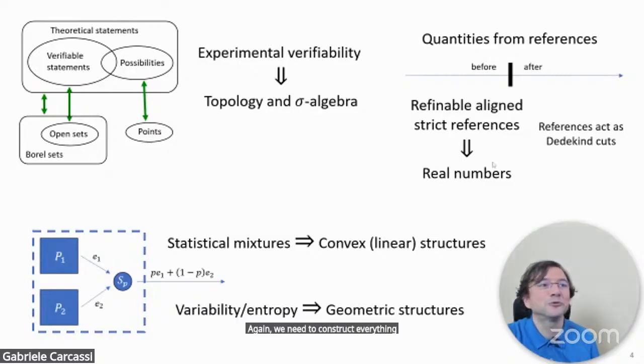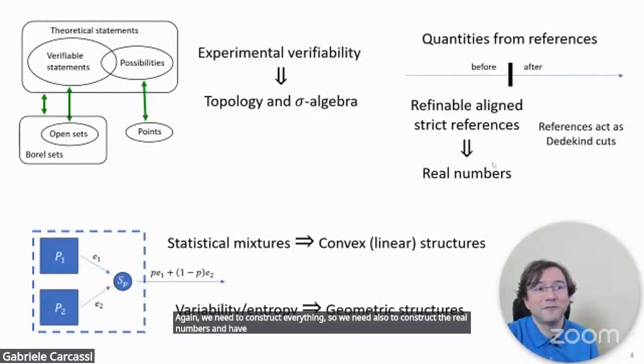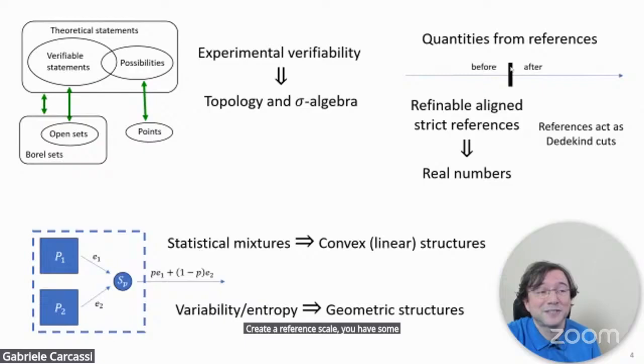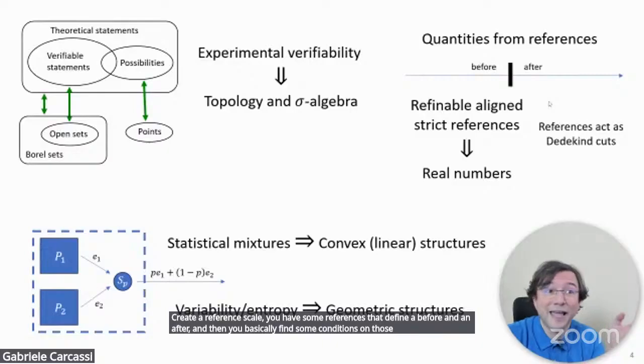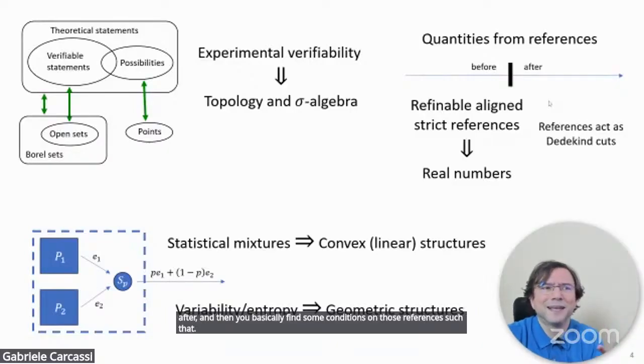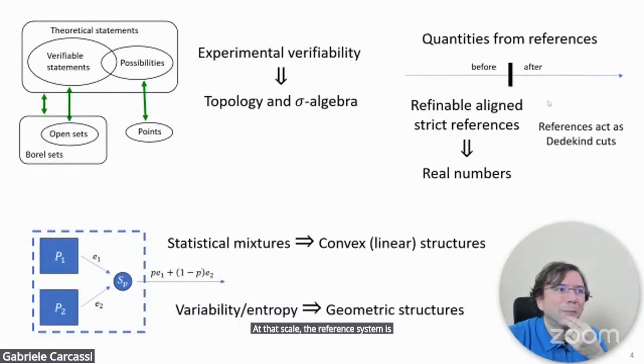We also need to construct the real numbers and have physically meaningful assumptions that are modeling something that gets us to the real numbers. And the idea is, when you create a reference scale, you have some references that define a before and an after, and then you find some conditions on those references such that that scale, the reference system, is going to define a real number.